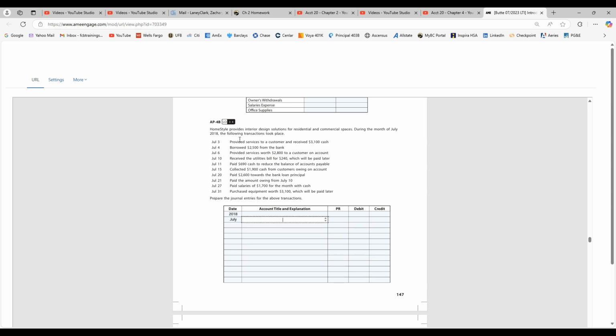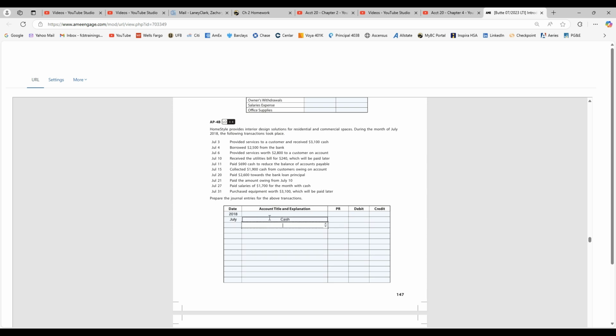So July 3rd, we have a transaction that indicates that we provided services and received cash. So right off the bat, I always like to start with cash. One thing that's kind of funny on these problems is that it doesn't serve as well as having Excel or doing it on paper.